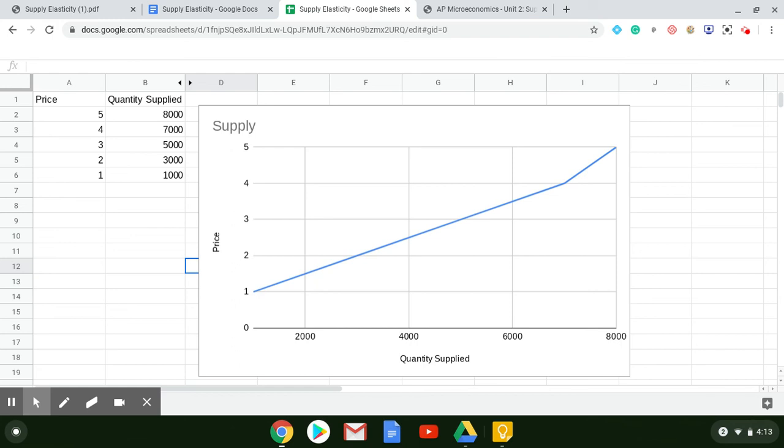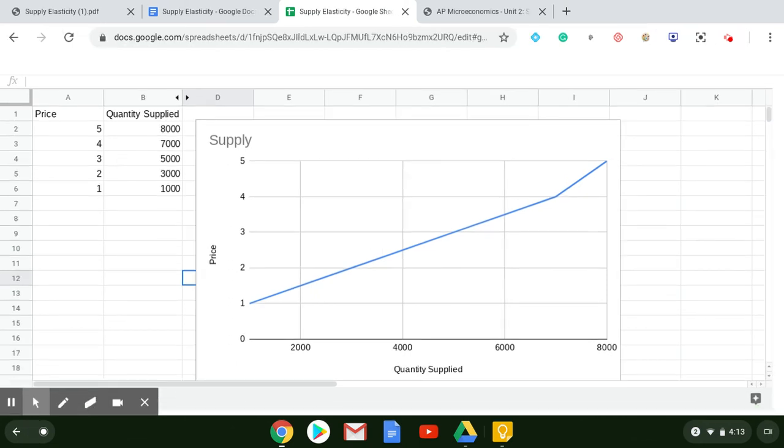Okay, so let's use some of these numbers to go ahead and calculate price elasticity of supply. Okay, so if I look at this one, how about let's think here.